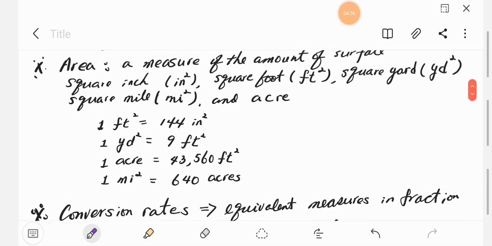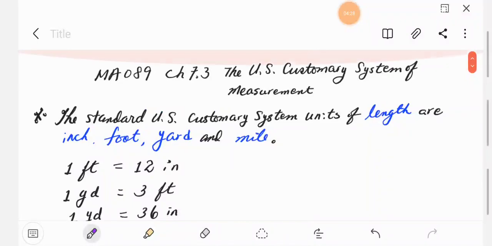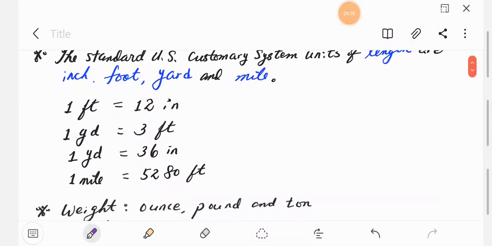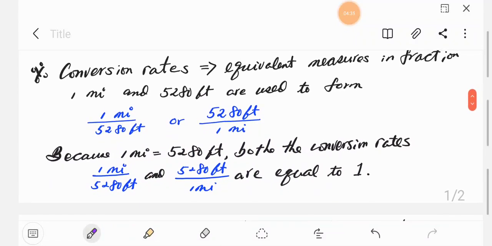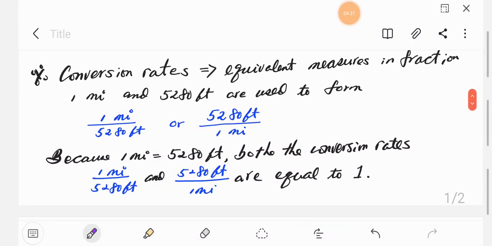Keep in mind that we are using U.S. customary measurement units. Now this is a really important definition: conversion rate. A conversion rate is a ratio of 2 different units, so you can write it as a fraction.